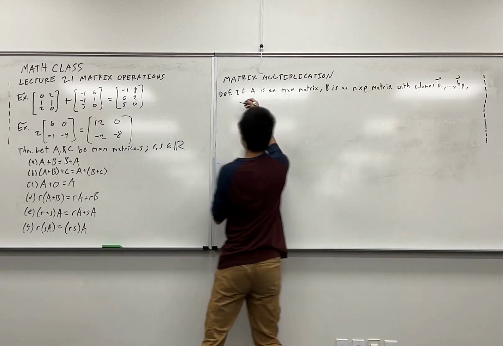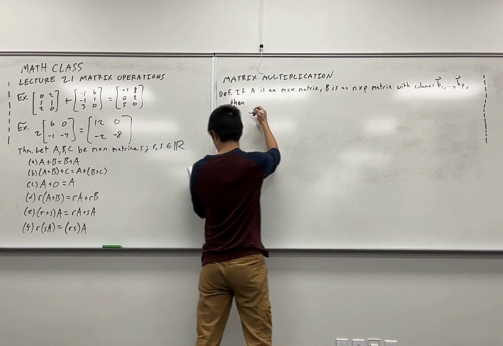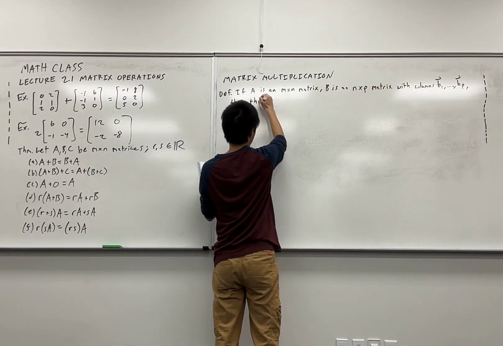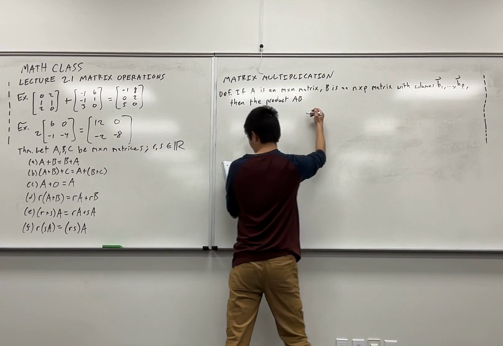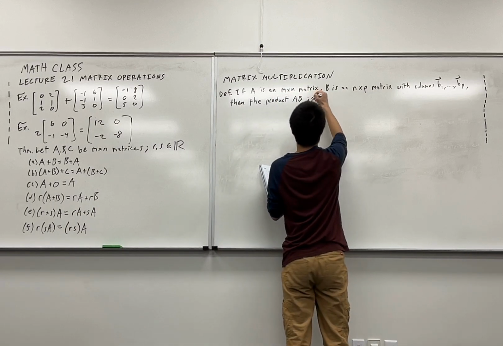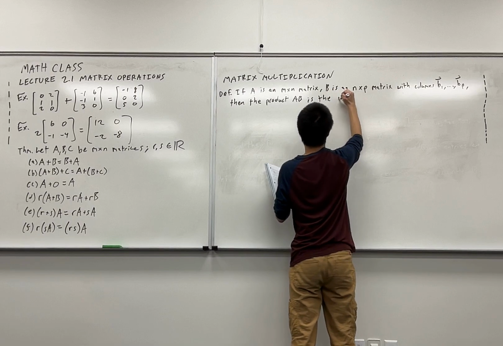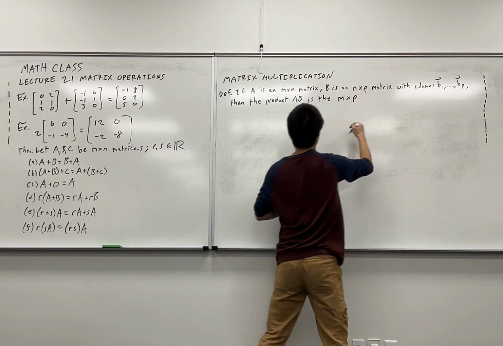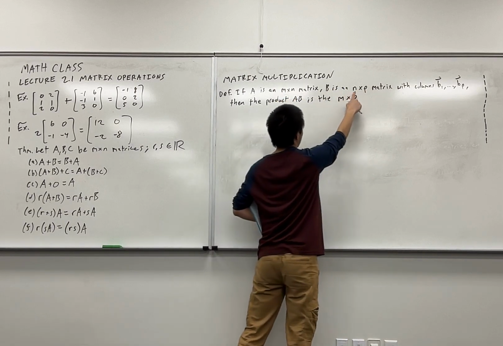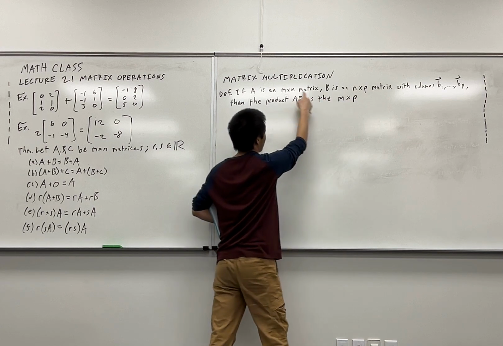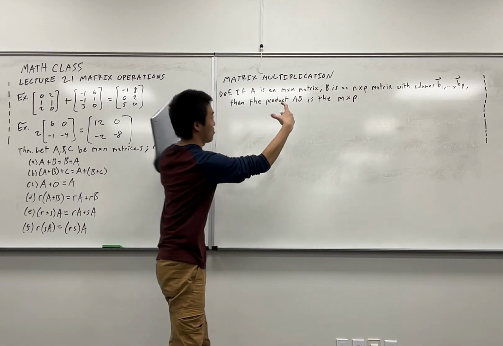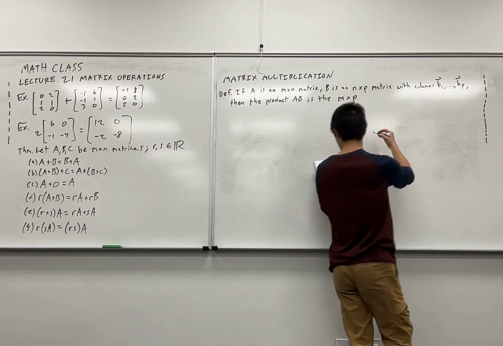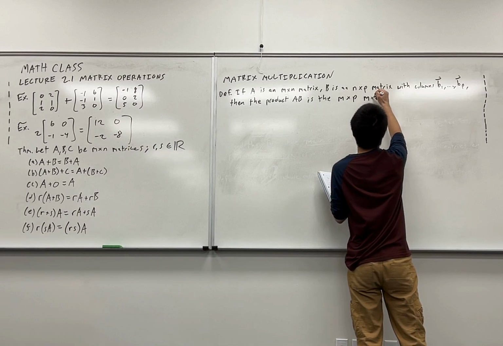Then the product A times B is the, now watch carefully again, m by p. An m by n times an n by p. Those n's are going to come in the middle, and then boom, m and p, the boundary ones, are what comes out. An m by p matrix.